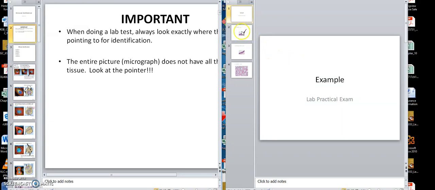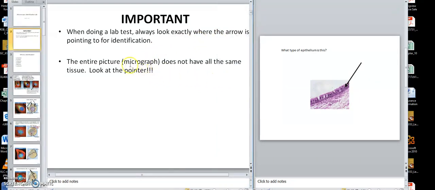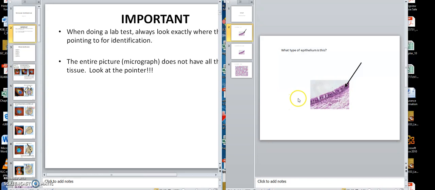Now, one thing though, with a lab exam, this is kind of a lab practical. When it comes to microscopes, this is what I want you to realize. When the entire picture does not have all the same tissue, you have to look at the pointer. You have to look at what's at the pointer. This is true even in the lab, the face-to-face lab practical. Okay, here would be under the microscope.